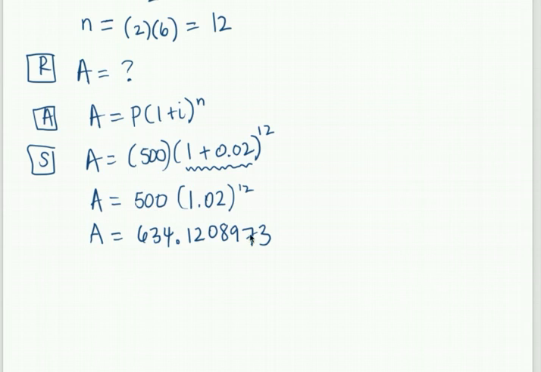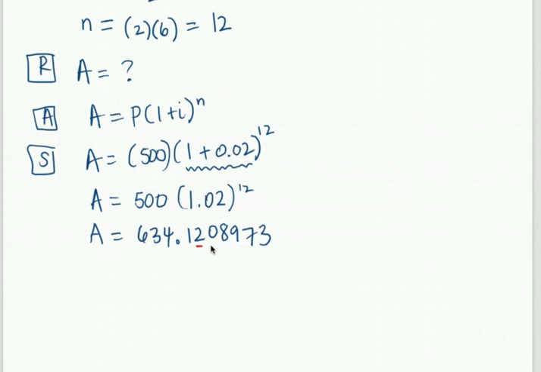I wrote all the digits off the calculator, so I'm going to help you practice rounding now. Since it's money, you need to keep two decimal places. So you want to keep all of these digits, 634, and then 0.12.